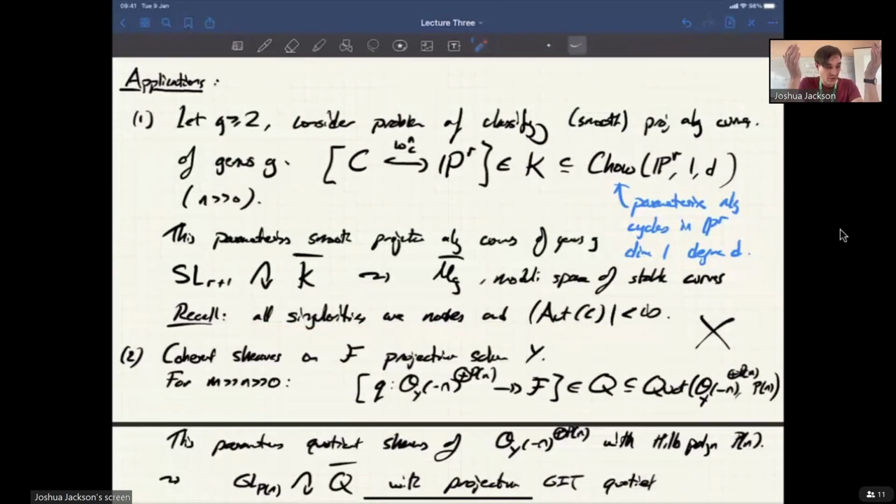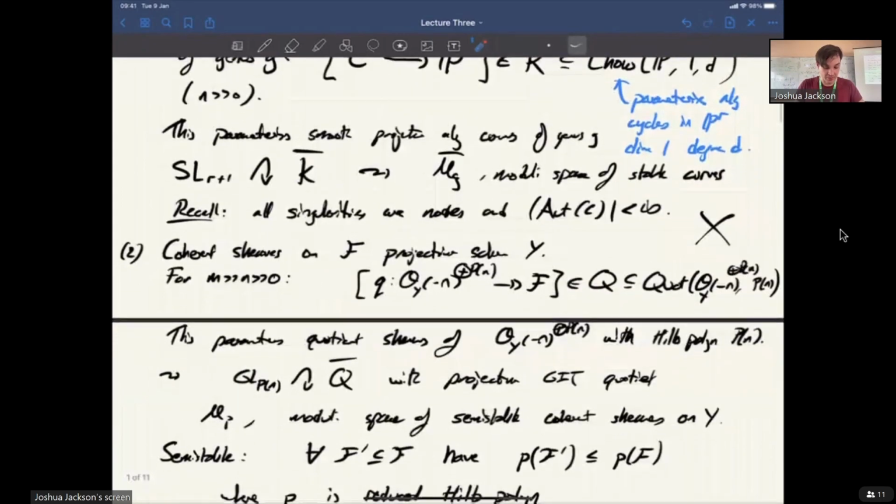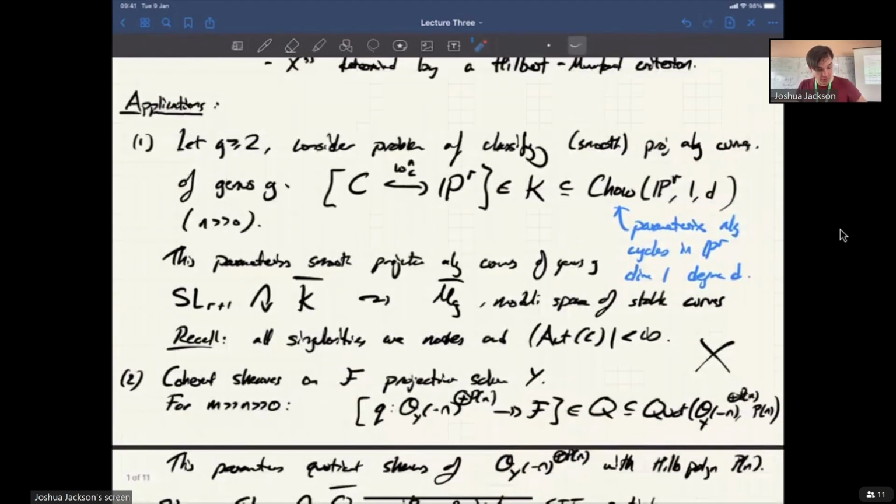So you could ask, well, what is the HKKN stratification for this construction? But there's even a question you have to ask before you can ask that question, because both the construction for coherent sheaves and the construction for curves depend on choosing some parameter sufficiently large. So it is actually not at all clear that the stratification should asymptotically stabilize as you take these parameters sufficiently large.